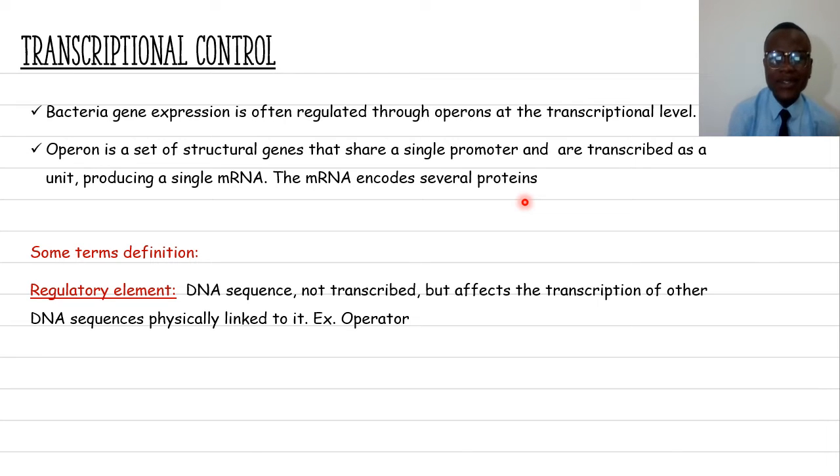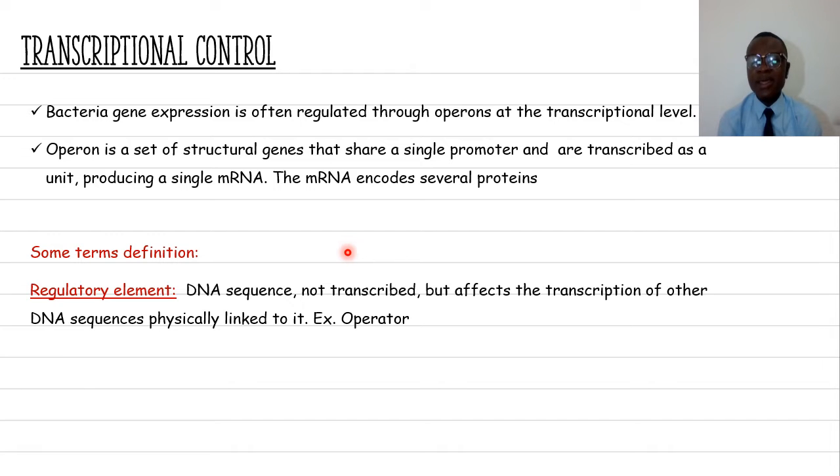Operons, as stated, are a set of structural genes. When it says structural genes, as I will elaborate further, they are genes that code for proteins. So an operon is a set of structural genes, it could be two, three, four genes, that have a single promoter and are transcribed as a unit producing a single mRNA.